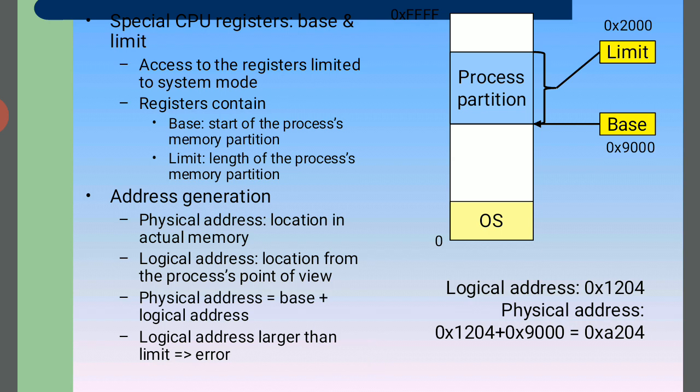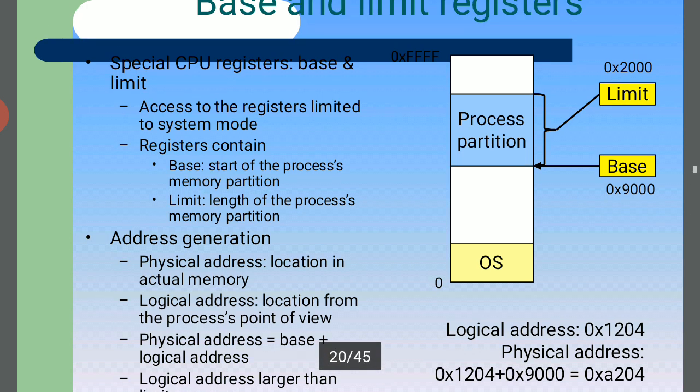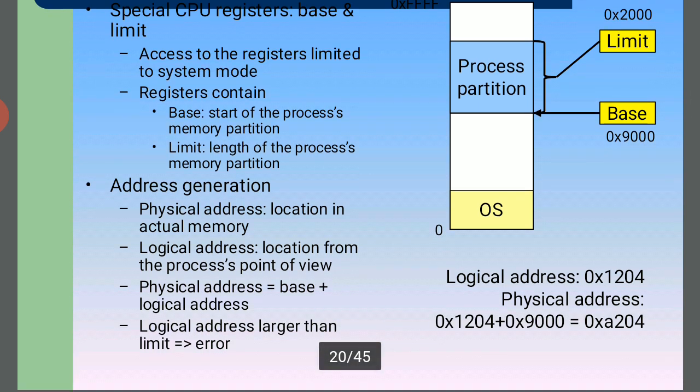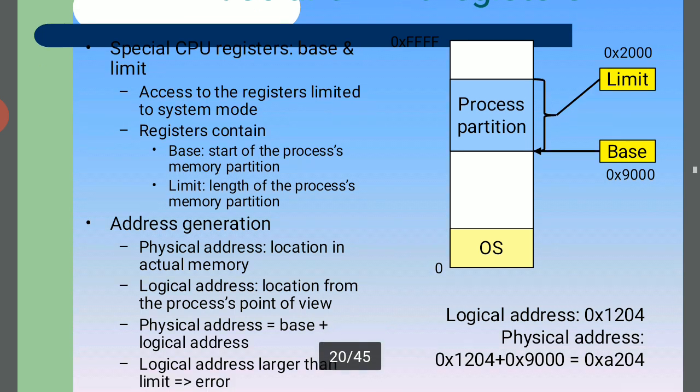The registers contain the base, the start of the process's memory partition, and the limit, the length of the process's memory partition. Here the process partitions are there, with limit and base, 0 into 2000 and 0 into 9000. The logical addresses available are 0 into 1204. These are the byte storage areas, with the operating system and the protection of limit and base.